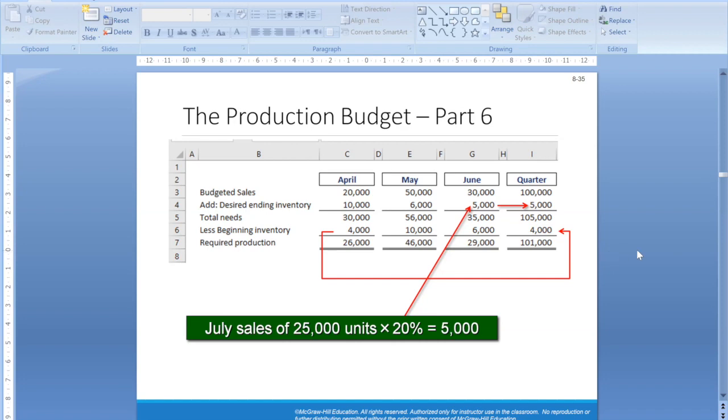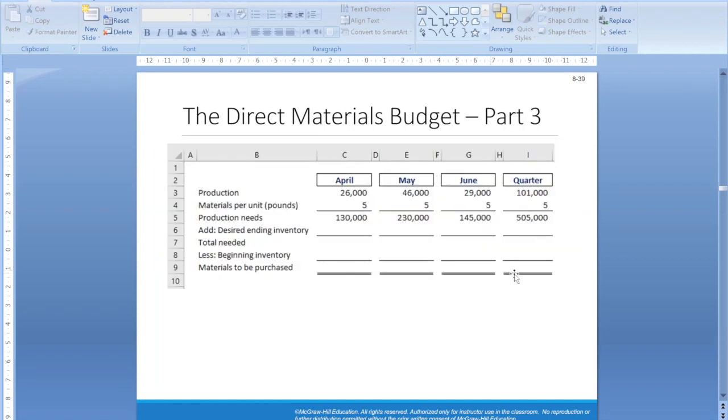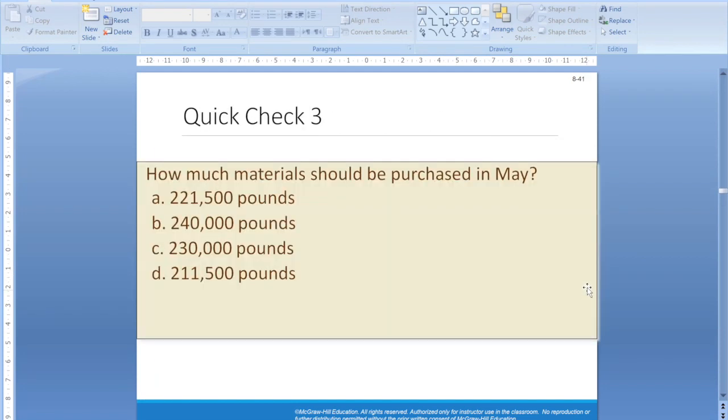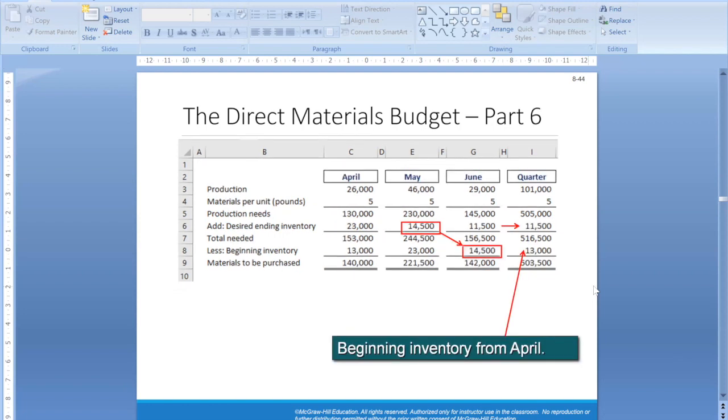So for the materials I need to calculate 10%. The answer, by the way, just to follow me, is 11,500. The answer that we need, 10% of the following month's needs, will be 11,500. Follow me on how to calculate this number.